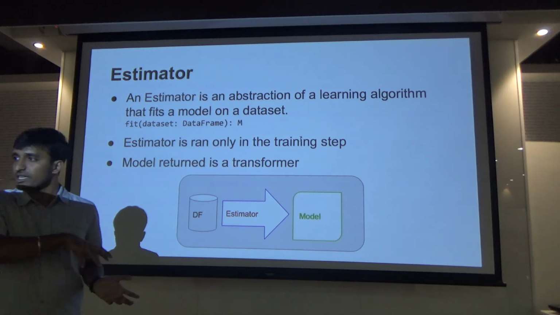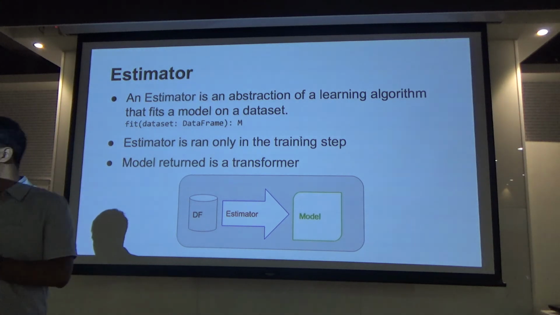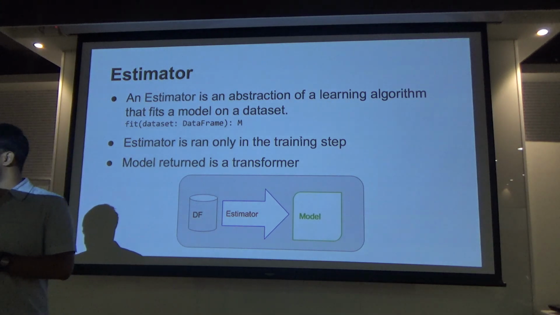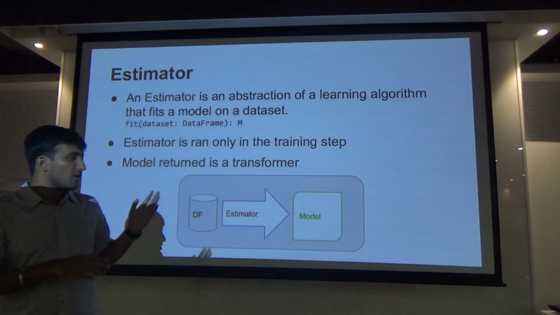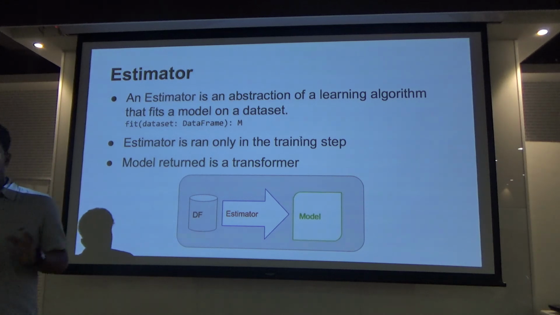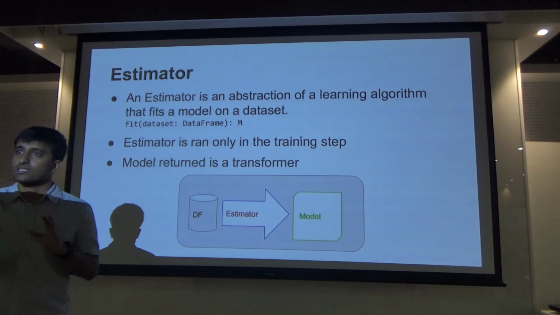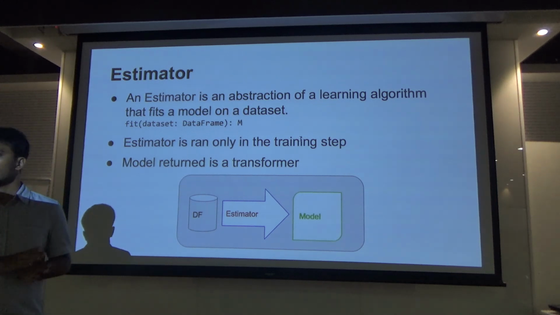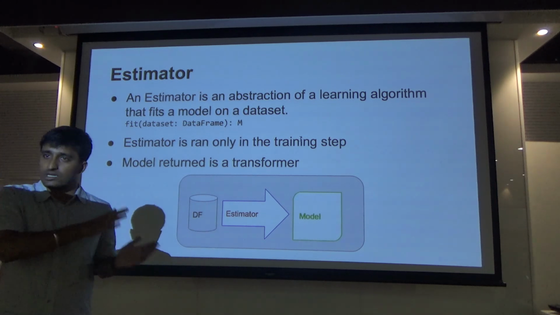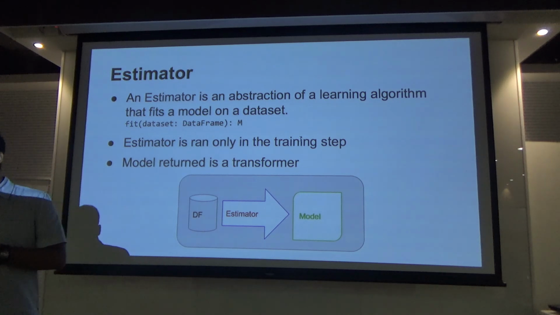It can take data and transform the data, and it can add a predicted label or predicted column. That's what an estimator is. An estimator has two steps to it. One is it fits the model, and then the model is a transformer, which supports taking a data frame and transforming it to another data frame.